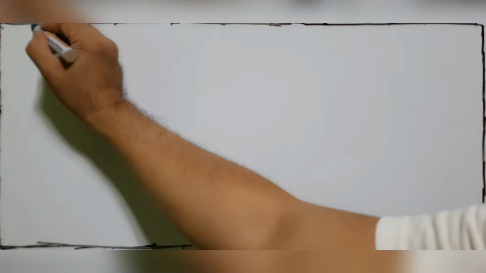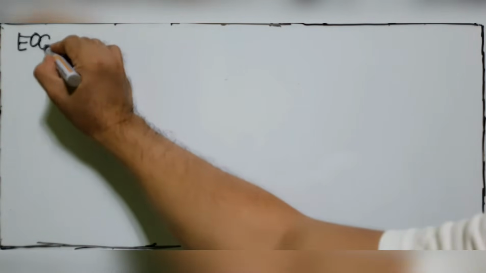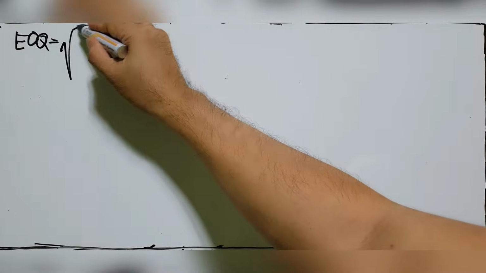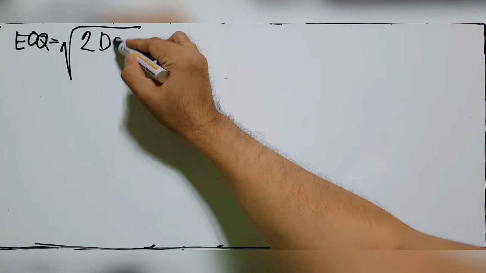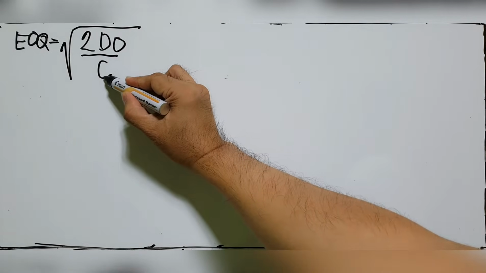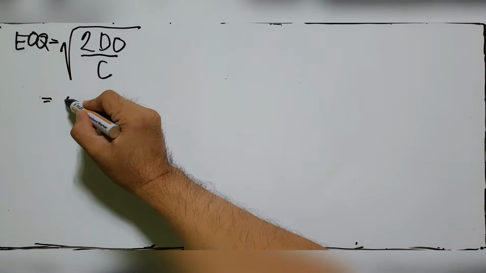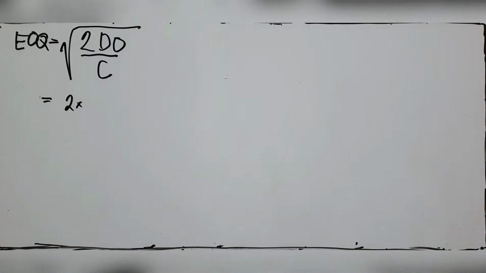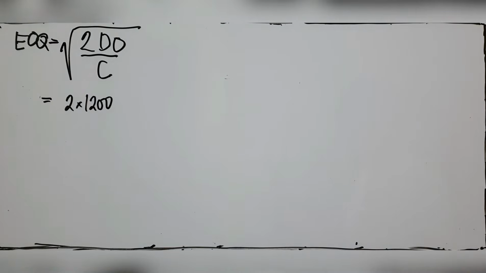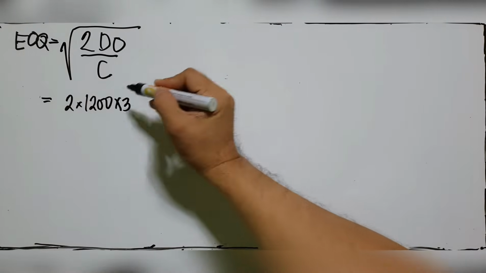So, we are asked to compute for our EOQ. Remember, the formula would be square root of 2DO over C. Annual demand, ordering cost, and then carrying cost per unit. So, that would be 2 times your annual demand, we have 1,200. That is for 4 months. Multiply natin ng 3 to make it annual.